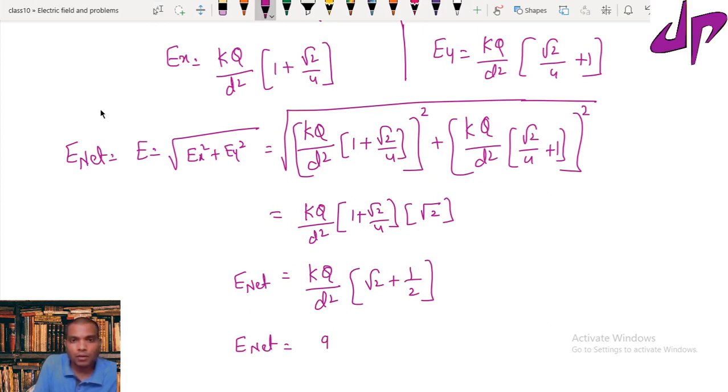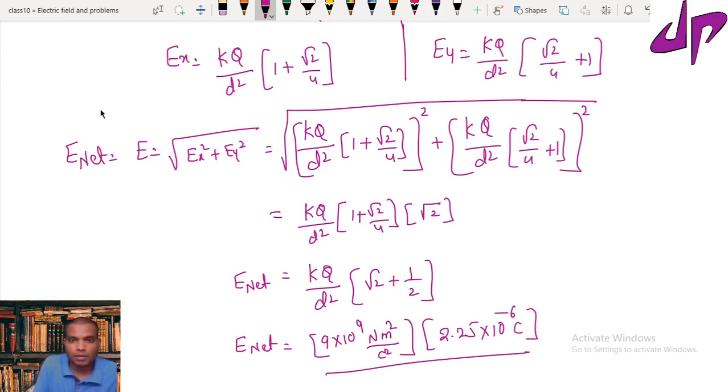The k value is 9 times 10 power 9 newton meter square per coulomb square, and charge q is given as 2.25 times 10 power minus 6 coulomb, divided by distance 1.00 meter square, and the rest of the terms (root 2 plus 1) by 2.